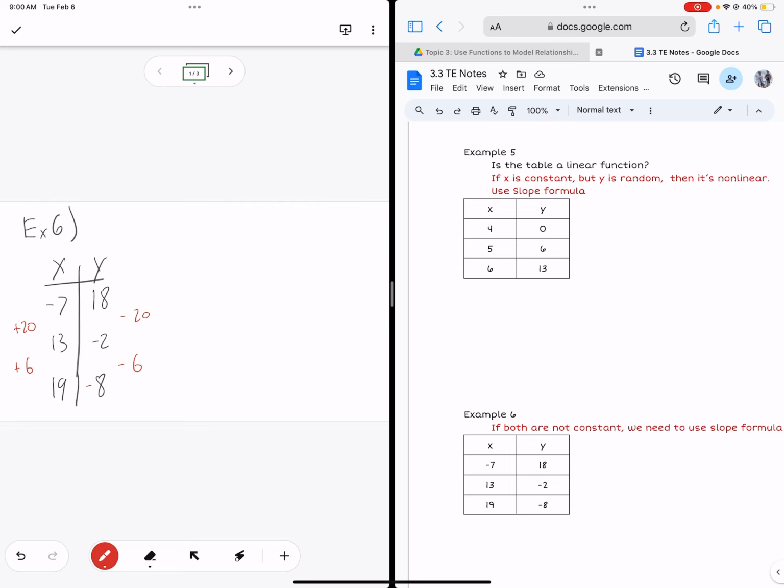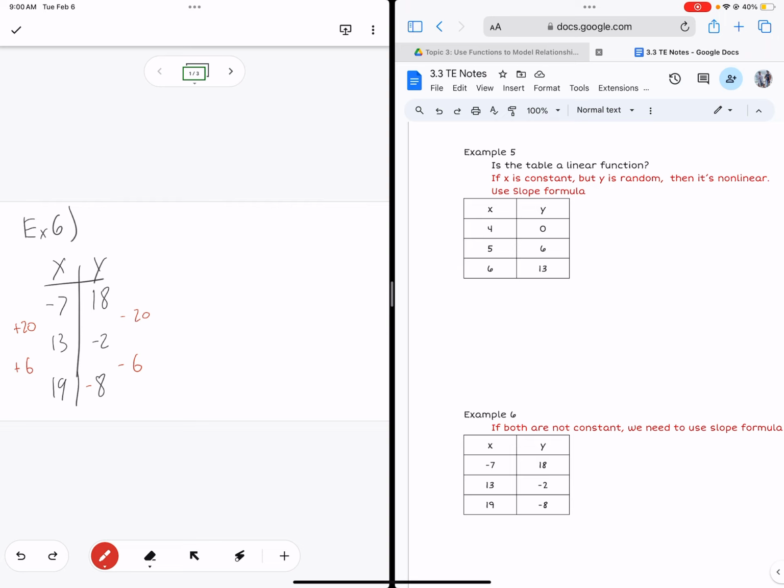There is a pattern, taking away 20 and adding 20, and taking away 6 and adding 6, but that is kind of irrelevant right now. So x does not have a pattern, and y does not have a pattern.